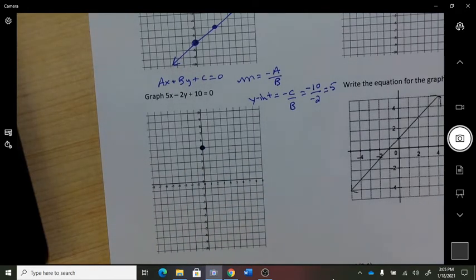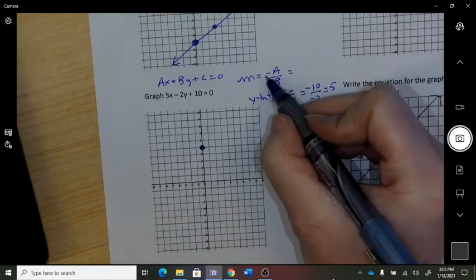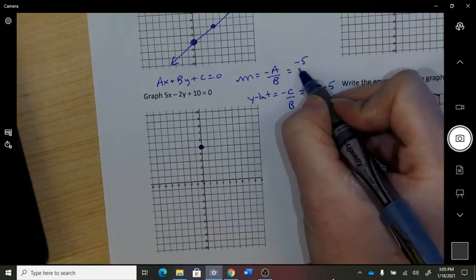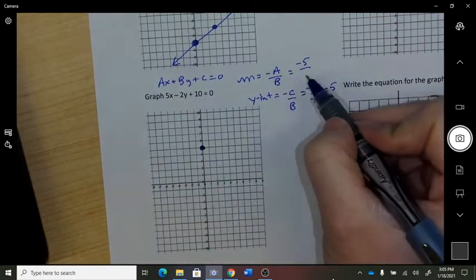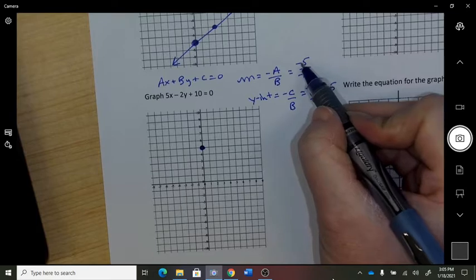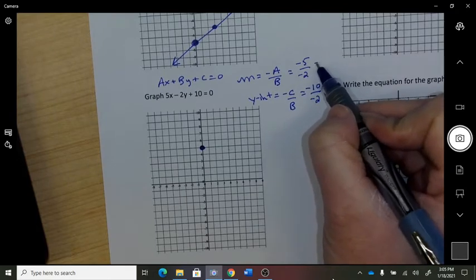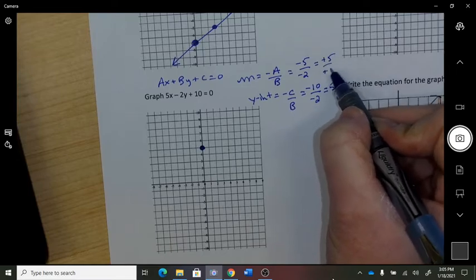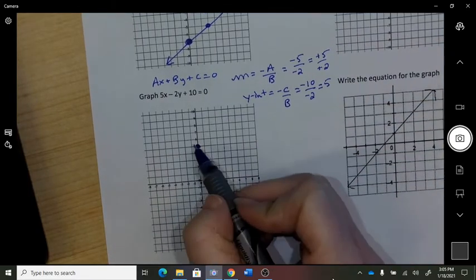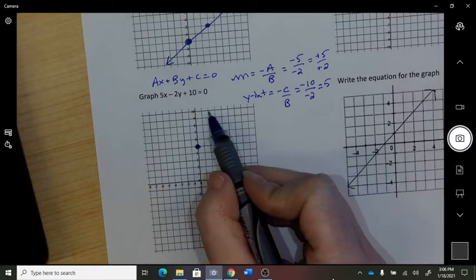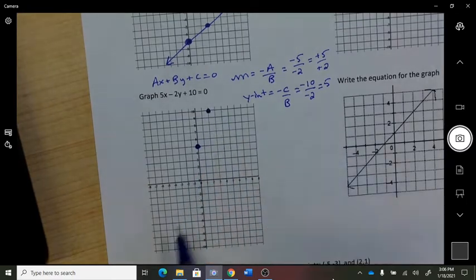And our slope is -a, so the opposite, this is +5, so we have -5, and b is -2. So what happens in math when you have a negative and a negative? It ends up being positive. So you would go up 5 and right 2.